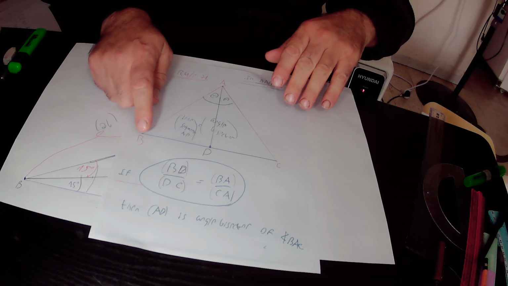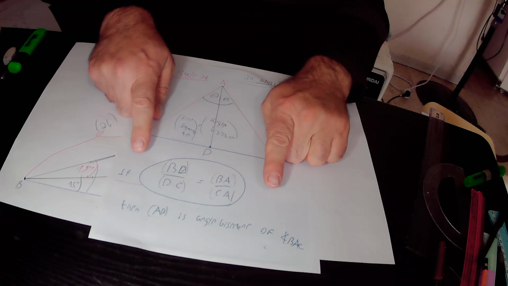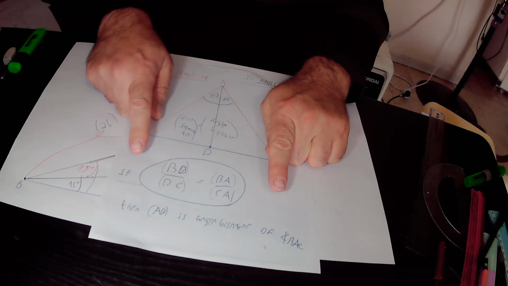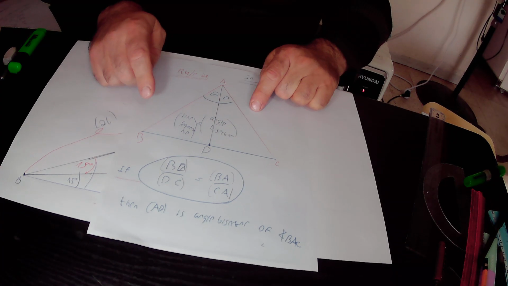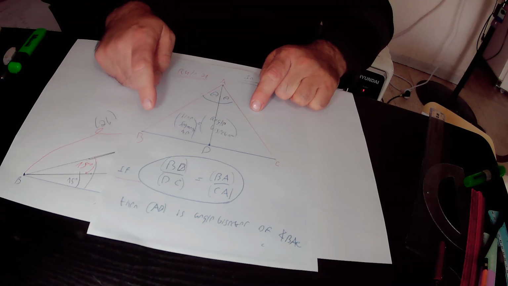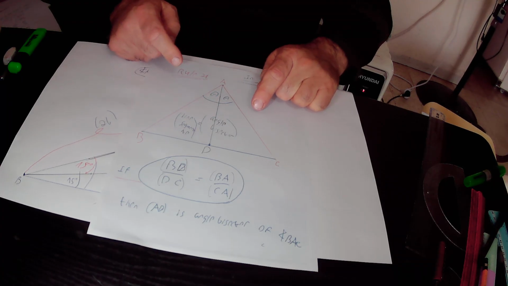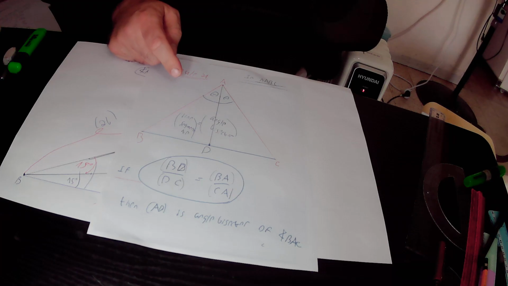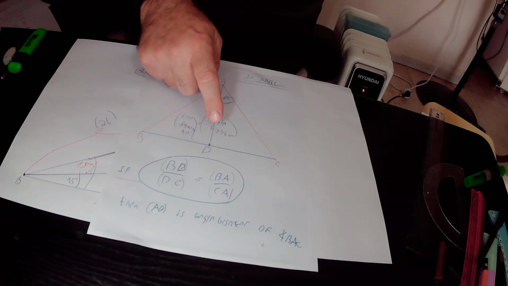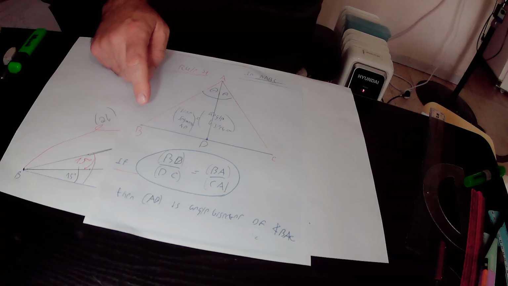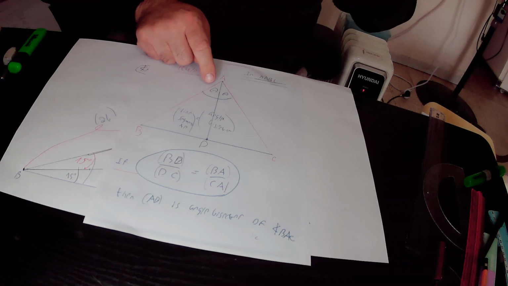So DA is the angle bisector of angle BAC in triangle ABC. That is to say, angle bisector DA divides angle BAC into two halves, each half equals to theta.